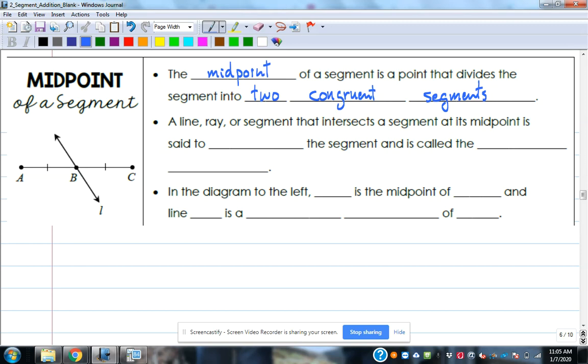A line, ray, or segment that intersects a segment at its midpoint is said to bisect. That's the geometry word. B-I-S-E-C-T, bisect the segment. And it's called the segment bisector.